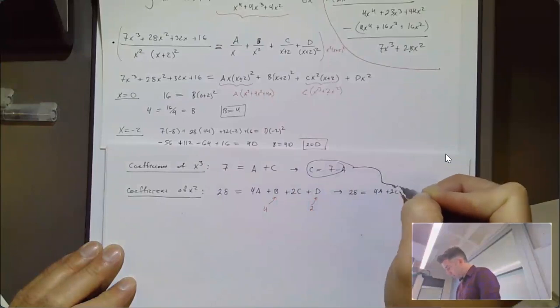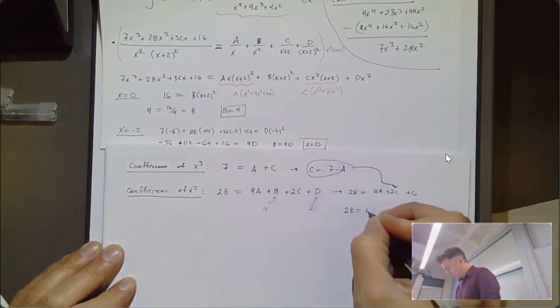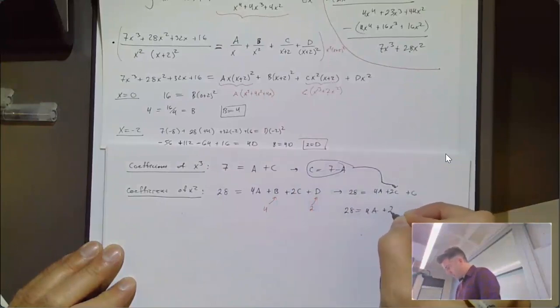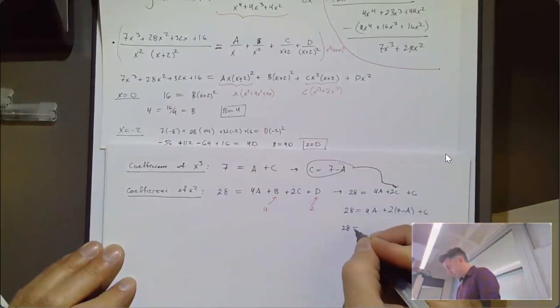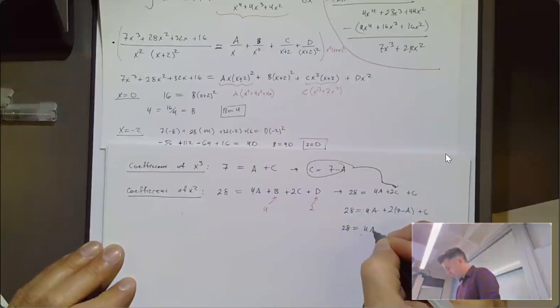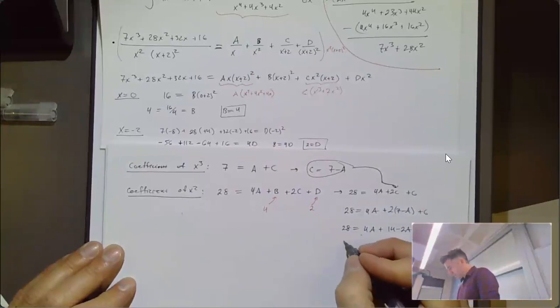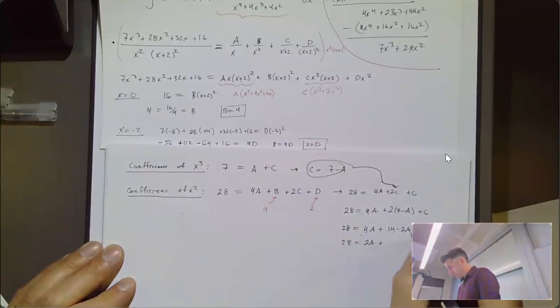So 28 equals 4a plus 2 times (7 minus a) plus 6. So 28 equals 4a plus 14 minus 2a plus 6. So 28 equals 4 minus 2 is 2a, plus 14 plus 6 is 20. So 8 equals 2a, so 4 is equal to a. Then c equals 7 minus a, so c equals 3.